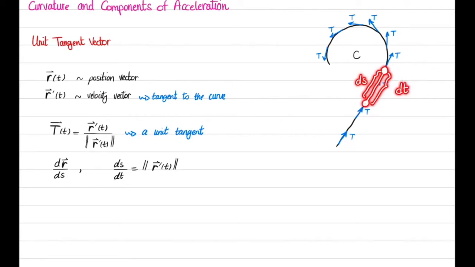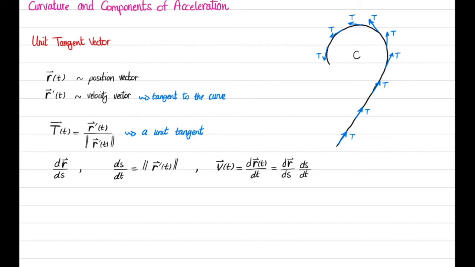Then we know from the definition of velocity that velocity is equal to displacement in space divided by the time that it takes for this displacement. And again, from the previous video, we know that the velocity vector is equal to this fraction, which will be equal to this, using the chain rule.